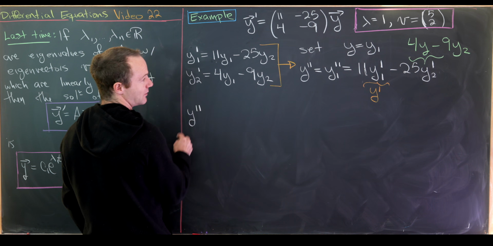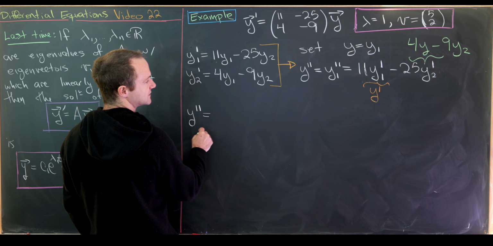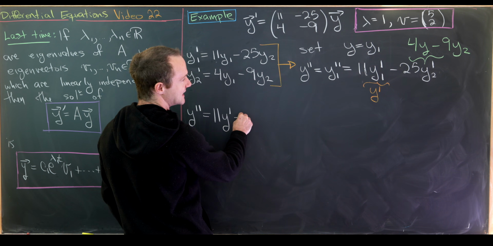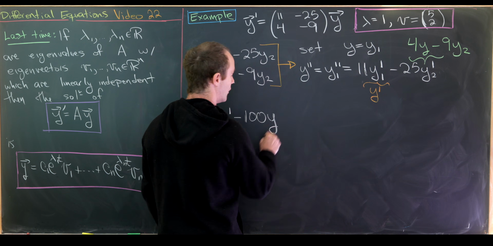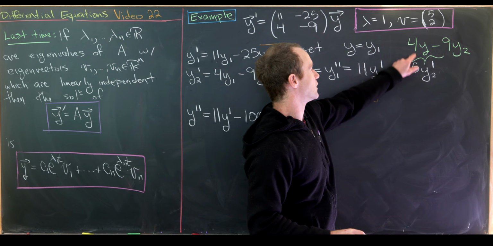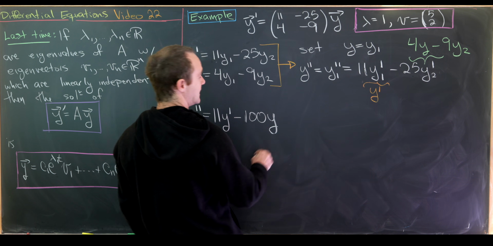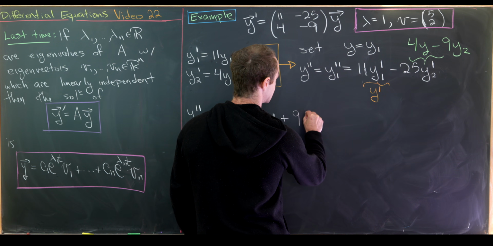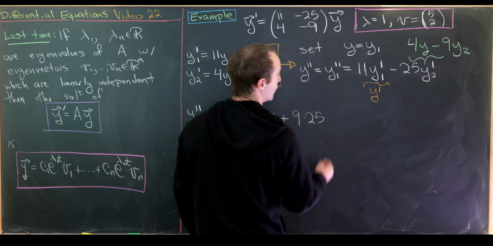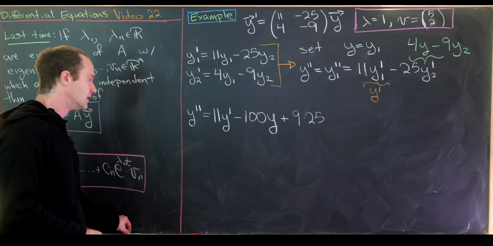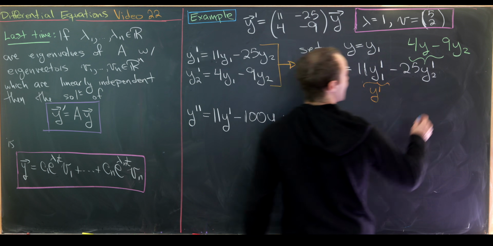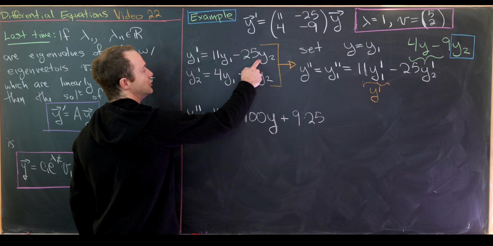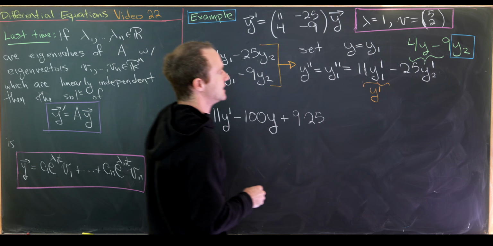We have y double prime equals 11y prime, and then minus 100y. So that would be from this 25 times 4, and then plus 25 times 9. I'm going to write that as 9 times 25y2. But what I'll do here is take this y2 and replace it using this first equation right here.